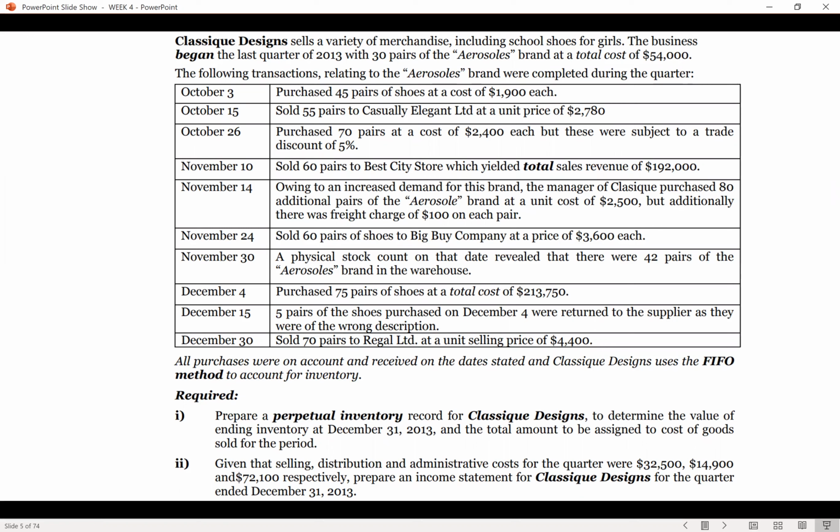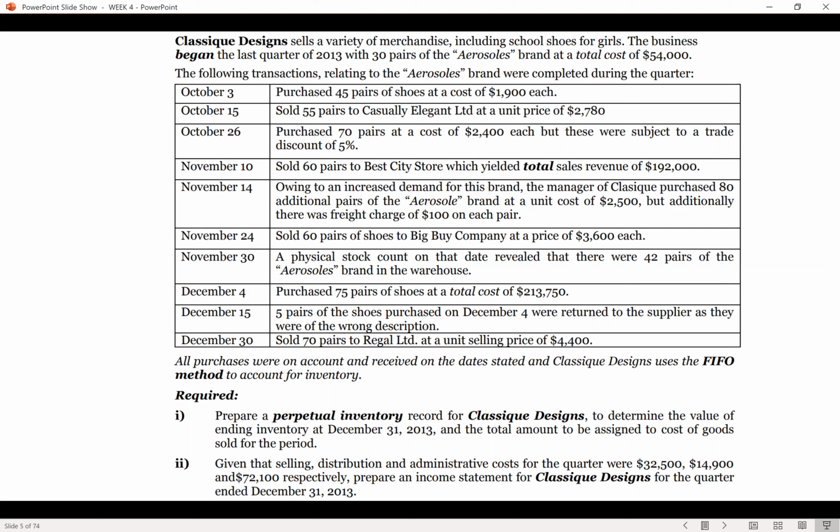It began its last quarter, and the quarter is every 4 months, right? So the previous quarter's ending inventory, let me correct myself, is the beginning inventory of this quarter.